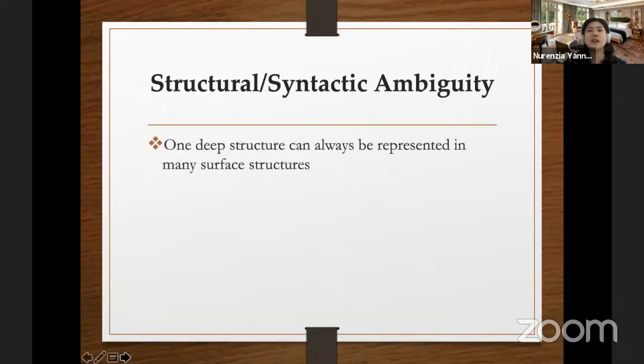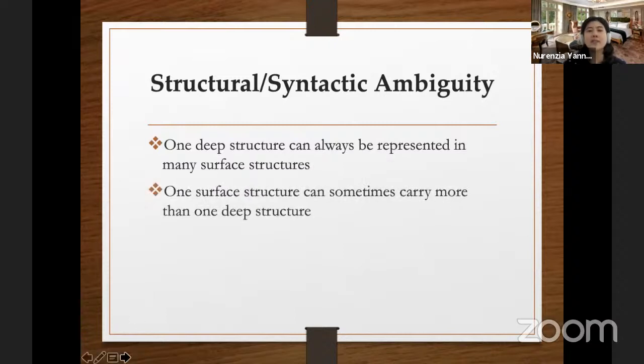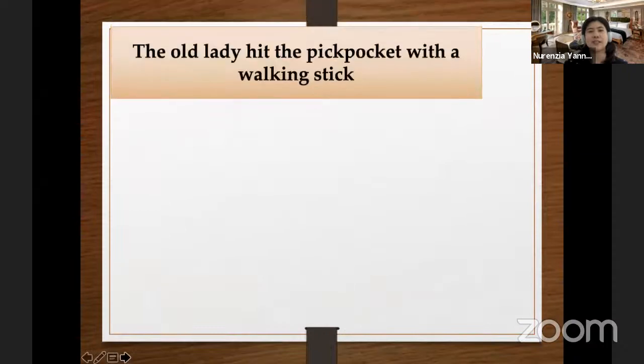Structural ambiguity is that one deep structure can always be represented in many surface structures. One surface structure can sometimes carry more than one deep structure. And this is causing structural ambiguity.